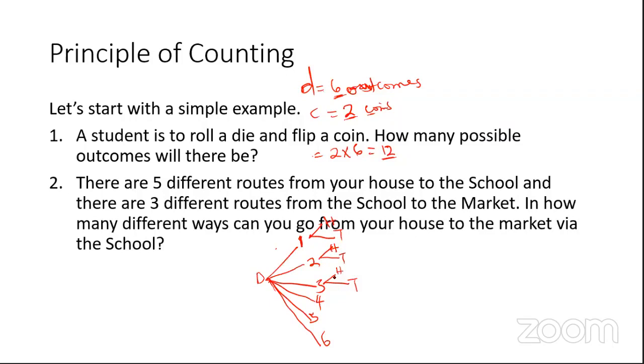If I pick 3 and head, that's 5. 3 and tail, that's 6. I can also have it like this, and like this, and like this. So in all, I have 1, 2, 3, 4, 5, 6, 7, 8, 9, 10, 11, 12. So that's the answer to that. I hope it's very clear.